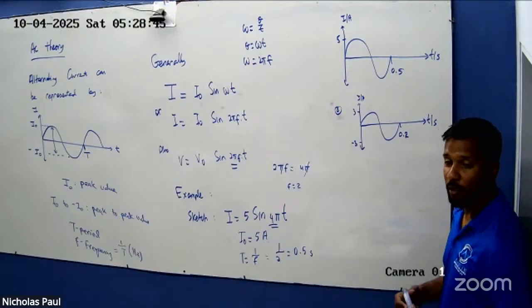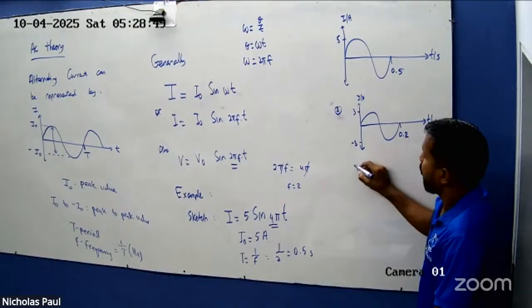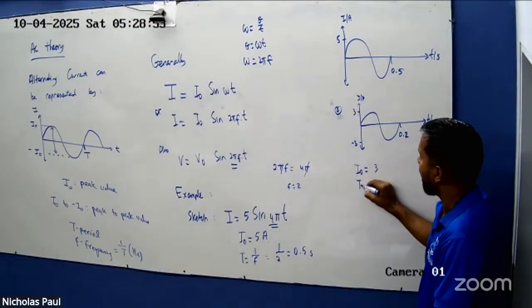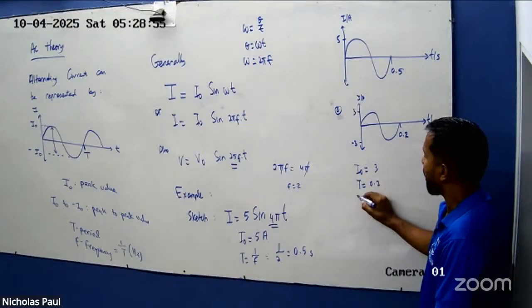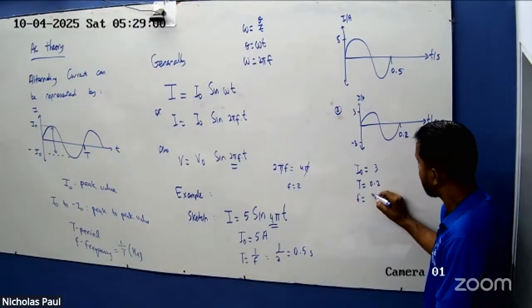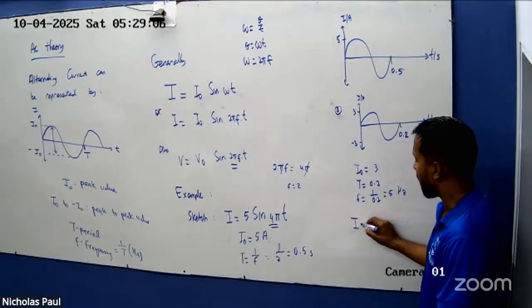Right, let's go. Faith, help me out here. What's the peak value? 3. What is the period? So the frequency is how much? 5. How did you get that? So tell me what the formula is. I is equal to?